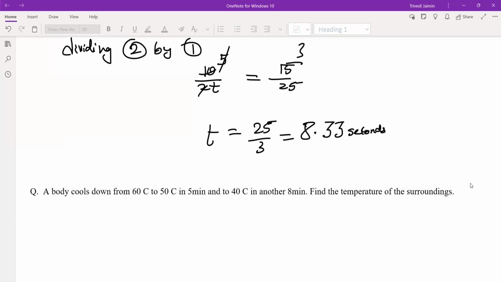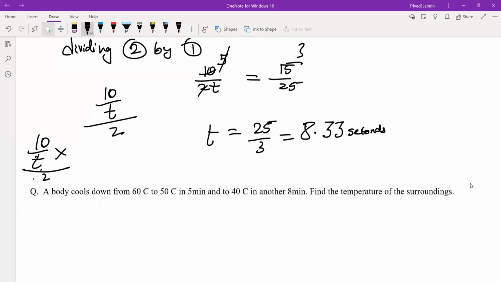If you reciprocate it, this whole term will come down. 10 will be here, and it will be 2t. No, it's correct only, not wrong.